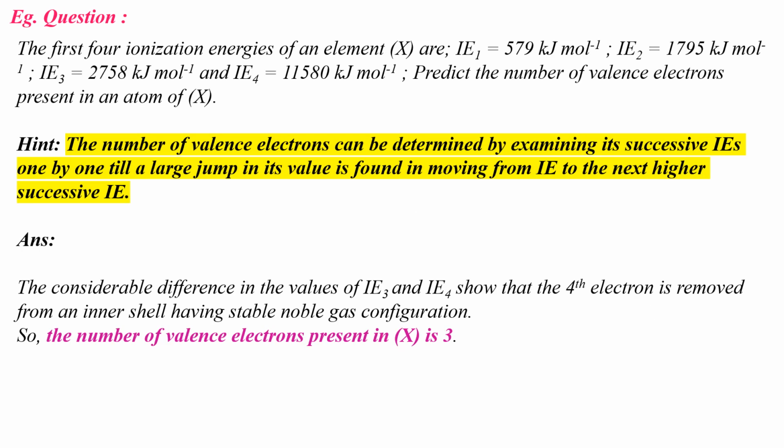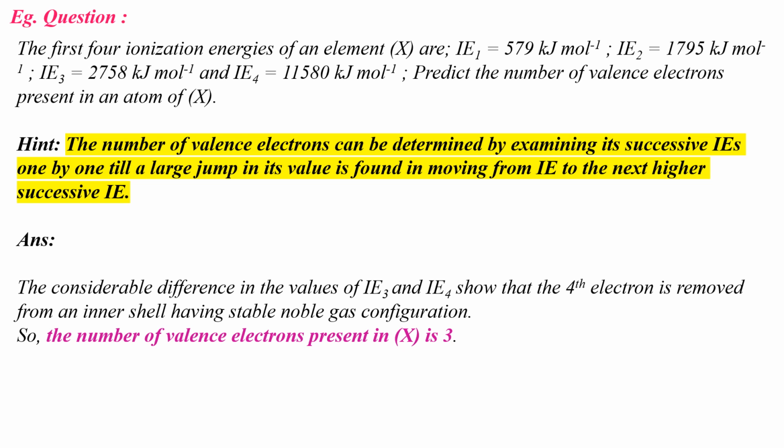Students, this is a different question. The first four ionization energies of an element X are given. Predict the number of valence electrons present in an atom of X. So you are asked to find out the number of valence electrons from the four ionization energy values of an element provided.